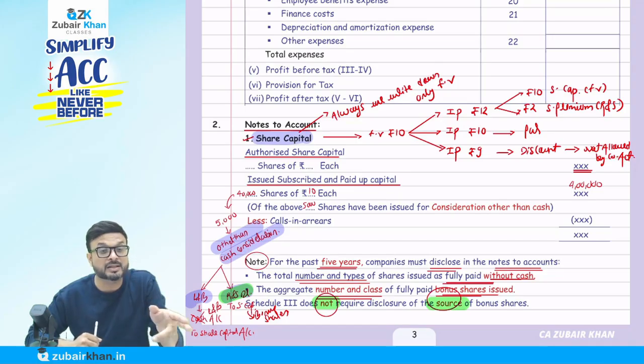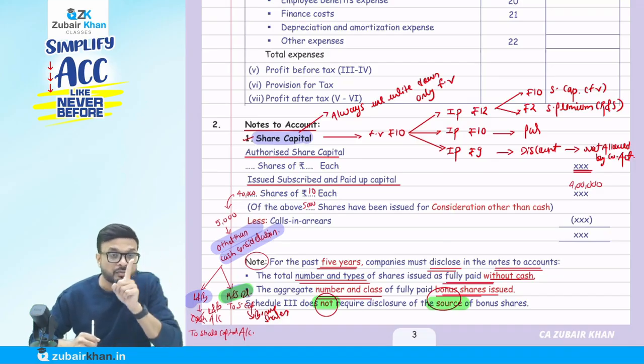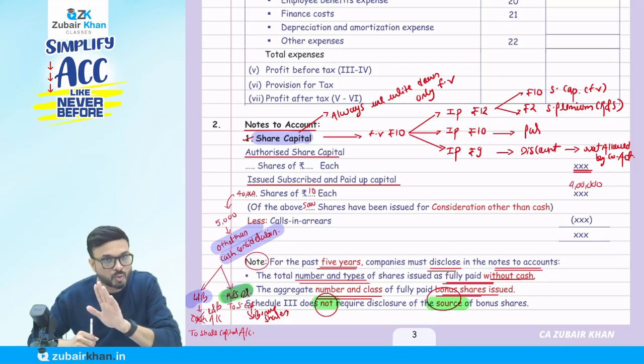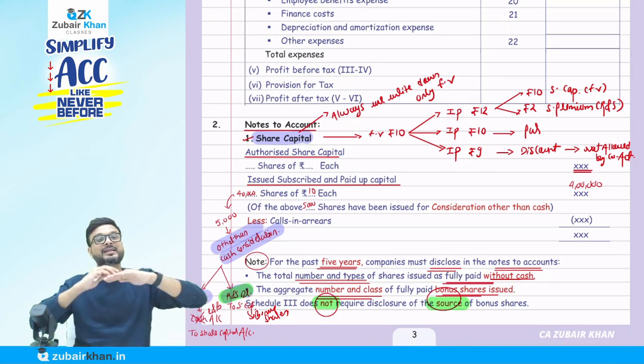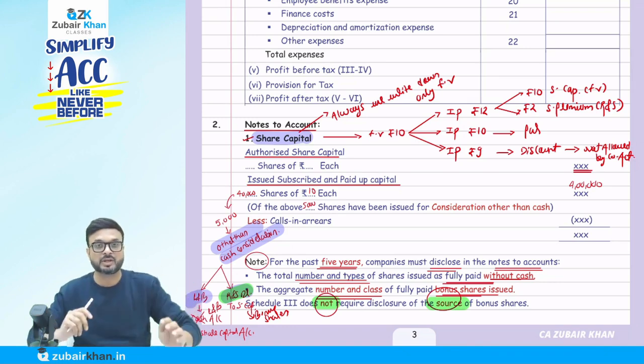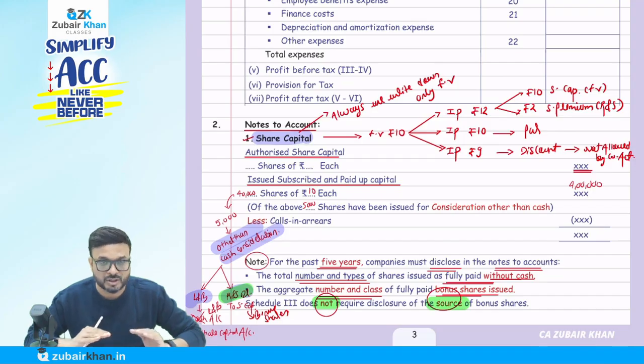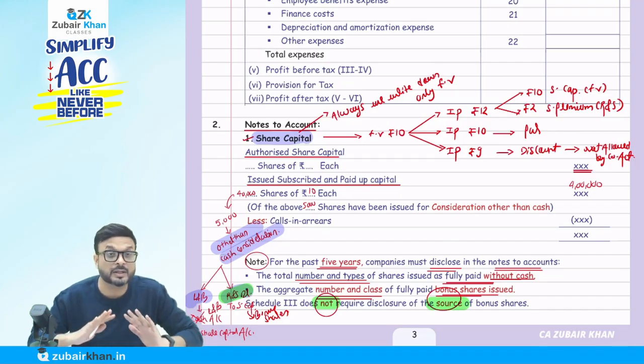No need to mention the source. It is sufficient to mention that we have issued the shares other than cash consideration, only the number of shares.